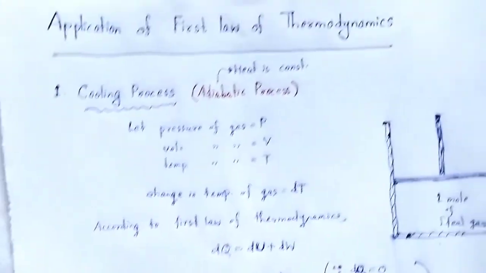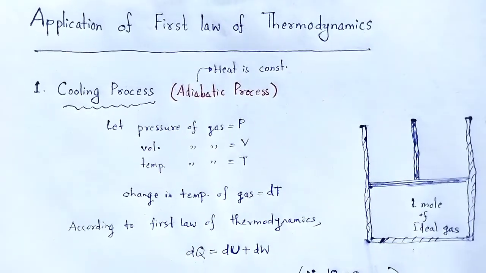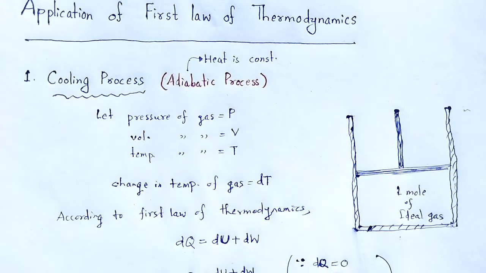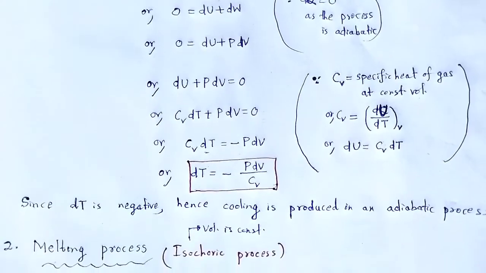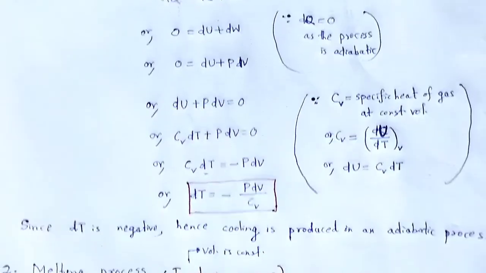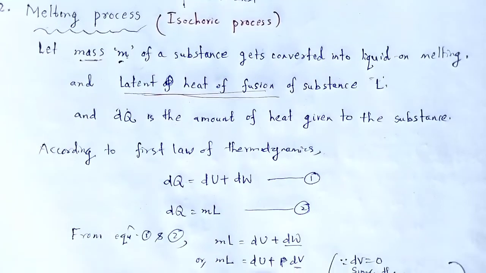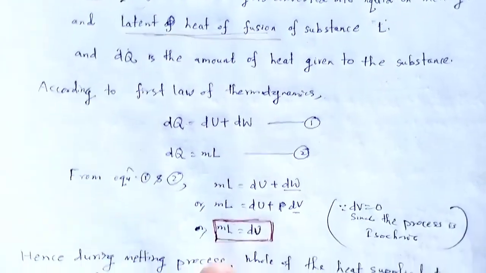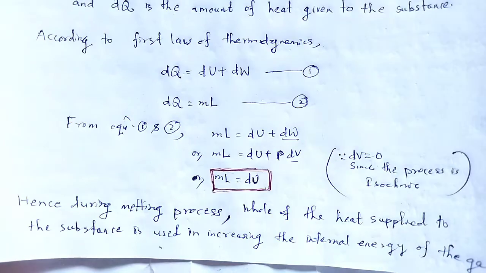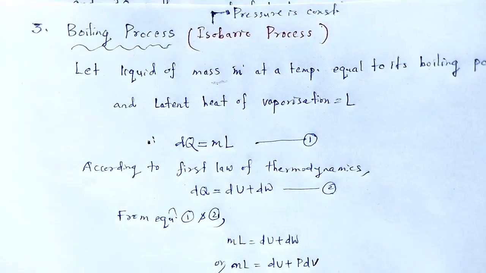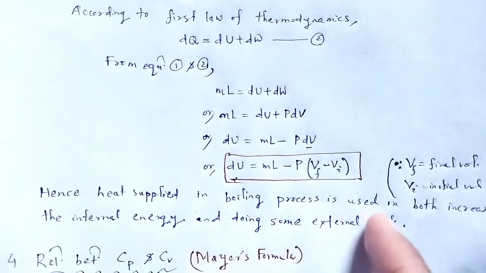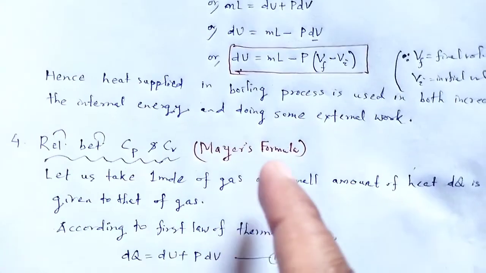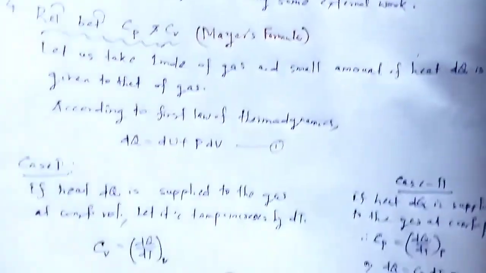With the help of this video lecture we understood the applications of the first law of thermodynamics through various processes. We considered the cooling process in an adiabatic system, the melting process in an isochoric system, and the boiling process in an isobaric system, and finally the relation between Cp and Cv, known as Mayer's formula.